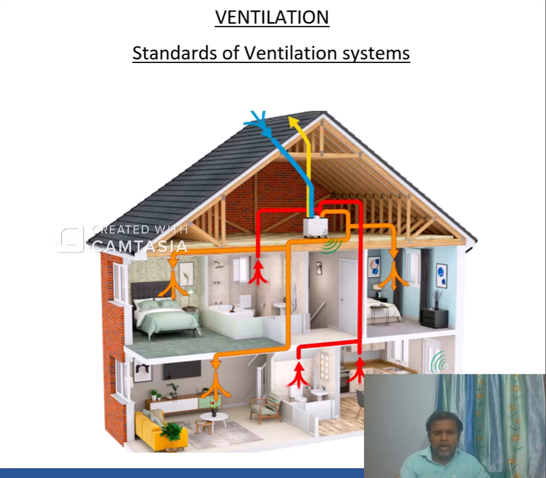From the toilet exhausts as well as the kitchen area and another toilet, the air is trying to go out. So air is going out in yellow, and the blue color is joining with the orange. So these are inlets, and the red one is exhaust.